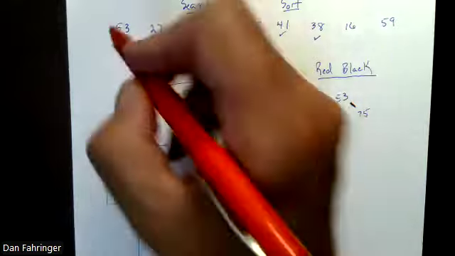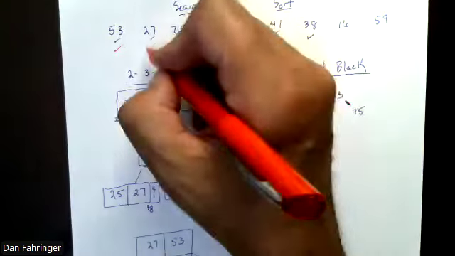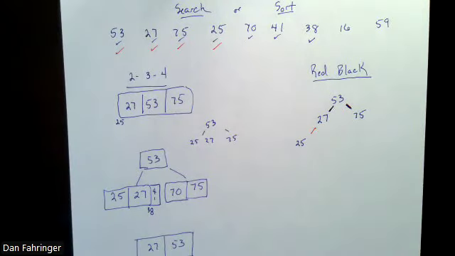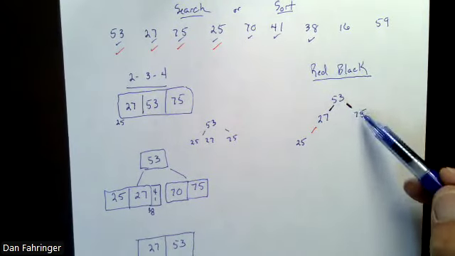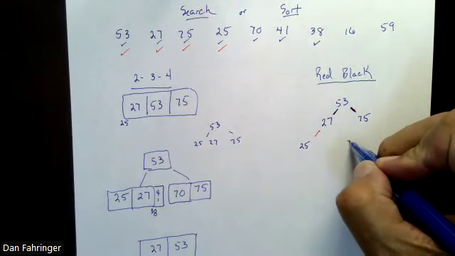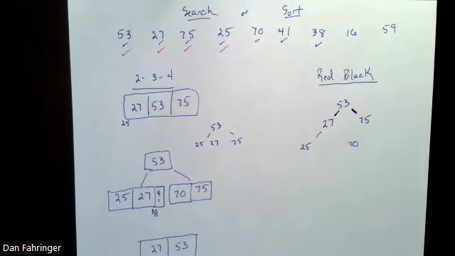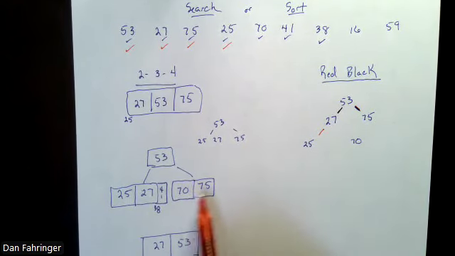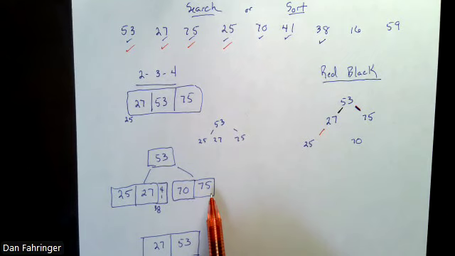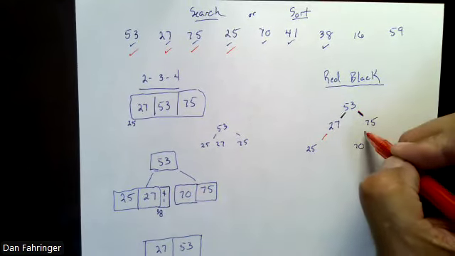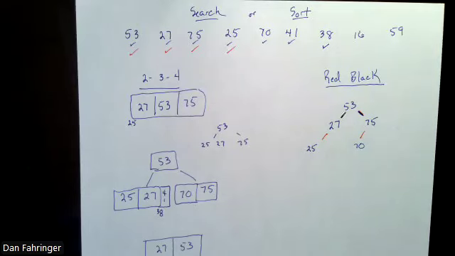So let's see, we did 53, 27, 75, 25, 70. Cha-ching, cha-ching. And to the left, so when I add 70, looks like I added 70 as a sibling, when I was doing this earlier, so I'm still good.